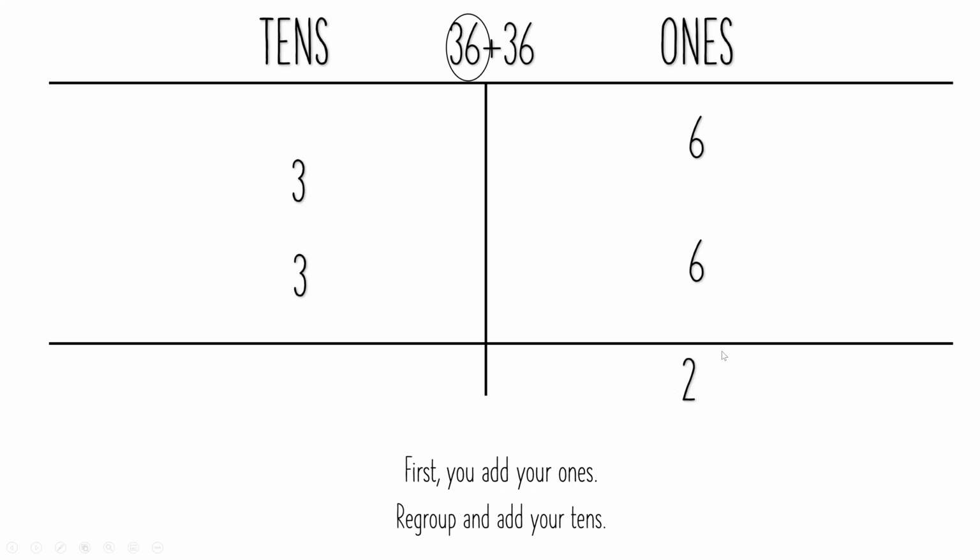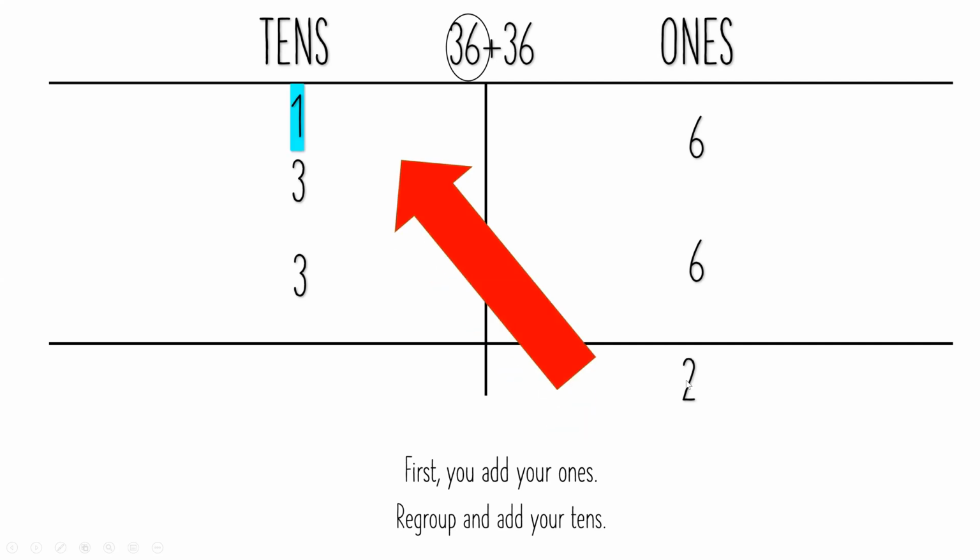So we keep our 2 and we carry our 1 over. And now we add our tens. 3 plus 3 plus 1 is 7. So remember, when you're adding, first you add your ones, regroup, and add your tens.